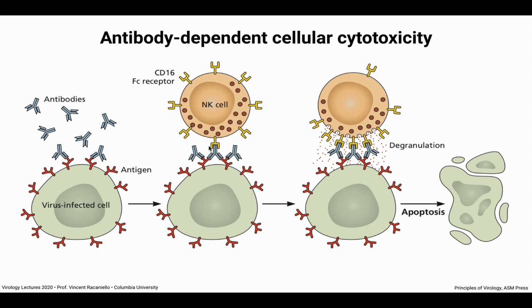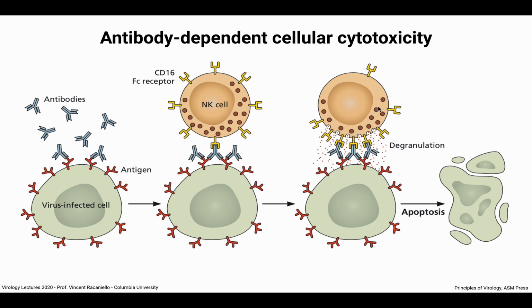So the NK cell recognizes that an antibody is bound to this cell by virtue of the antibody binding the viral glycoprotein. When the Fc receptor engages the Fc of the antibody, that causes release of packets of protein from the NK cell, a process called degranulation.